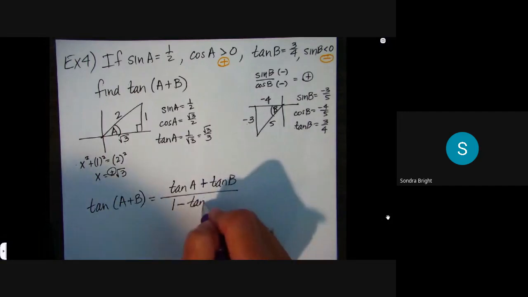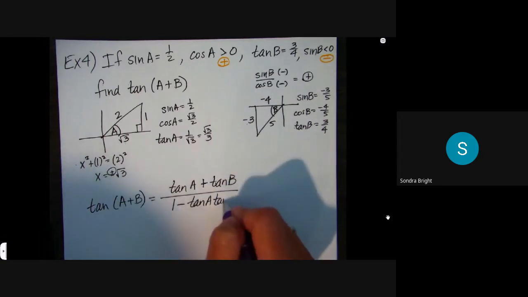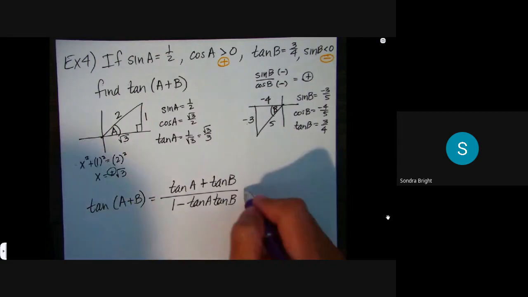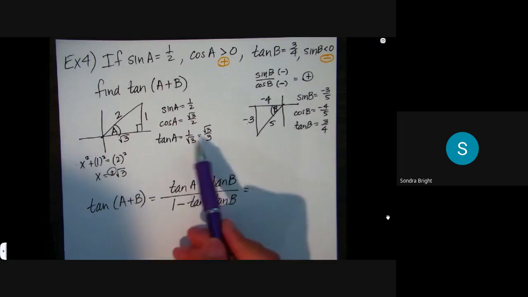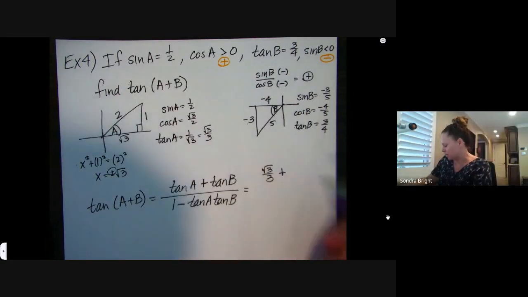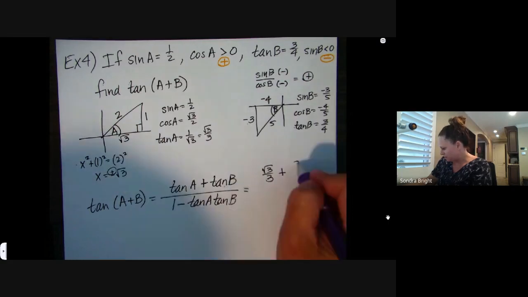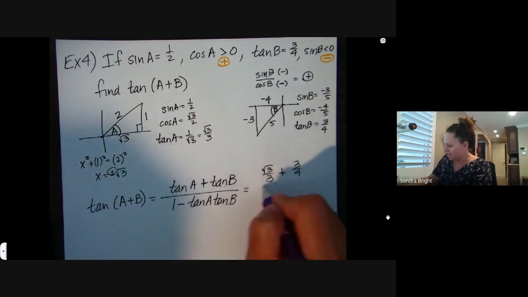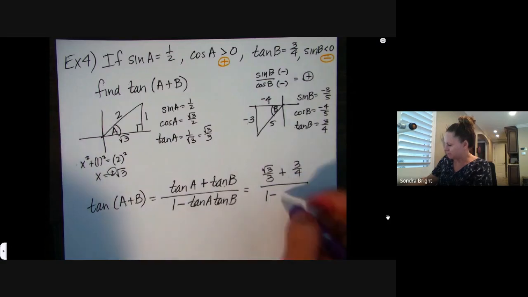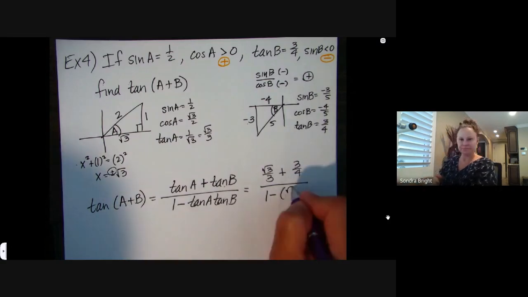Tangent of A times tangent of B. All right, so I can plug these things in. Tangent of A, we said was rad 3 over 3, plus tangent of B is 3 over 4, over 1 minus tangent of A times tangent of B.